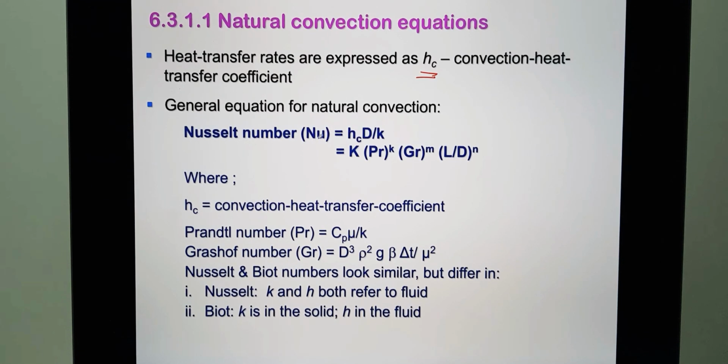Nusselt number equals Hc d over k, which equals K times the Prandtl number to the power of K times the Grashof number to the power of M times the length of the tubing divided by the diameter of the tubing to the power of N.